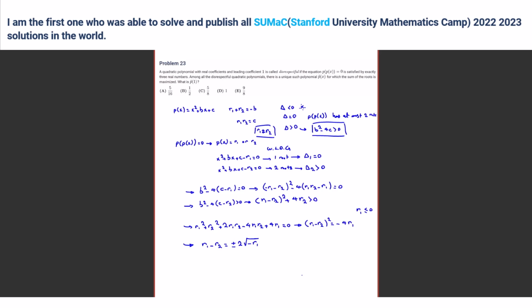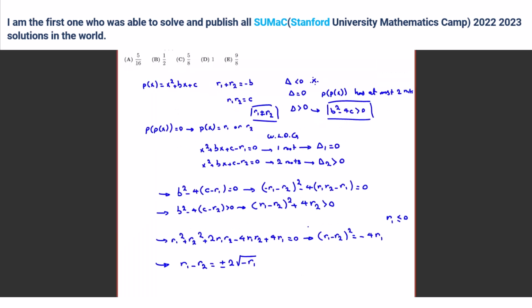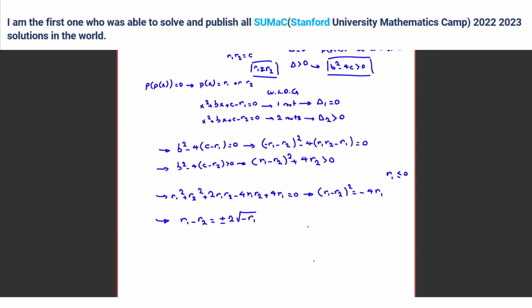Substituting R1 minus R2 whole squared, which is negative 4R1, plus 4R2 is positive, so R2 is greater than R1. So you should cancel the plus sign, right?